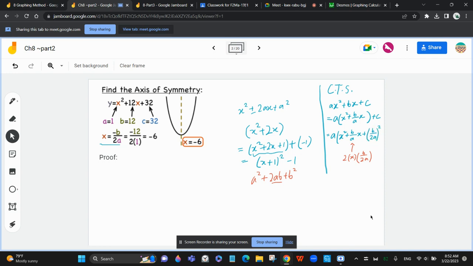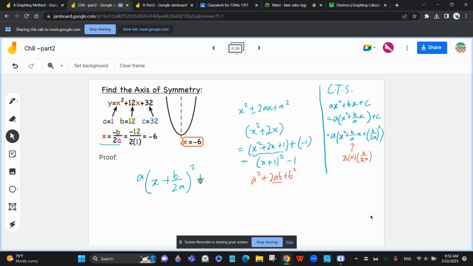And then we cancel the 2, so we get b over 2a. I will be quick here, but I'm proving how we get this b over 2a.